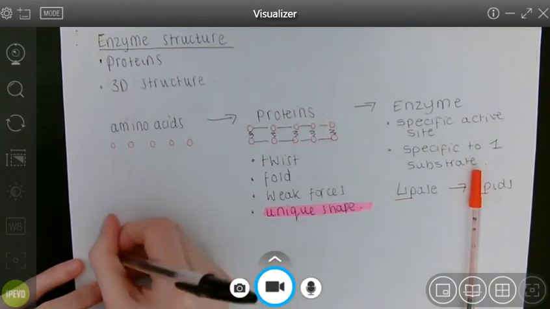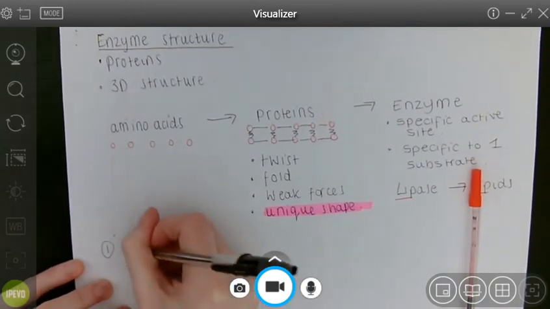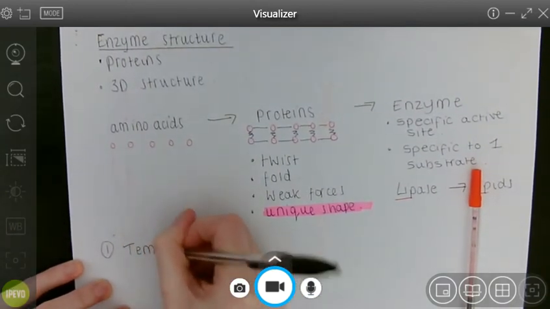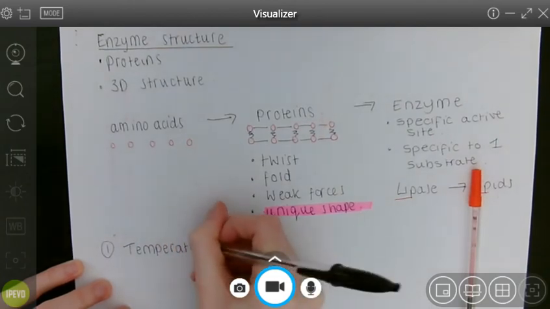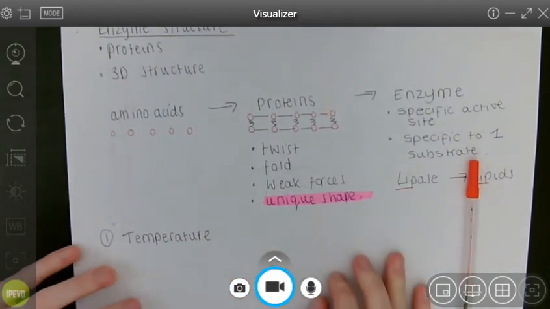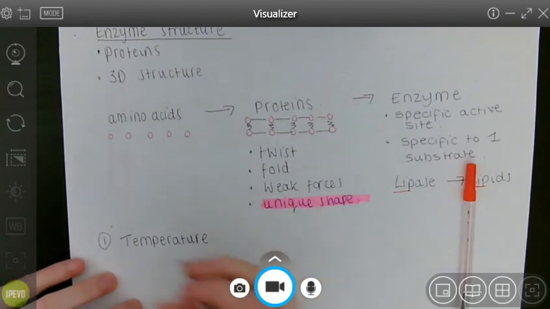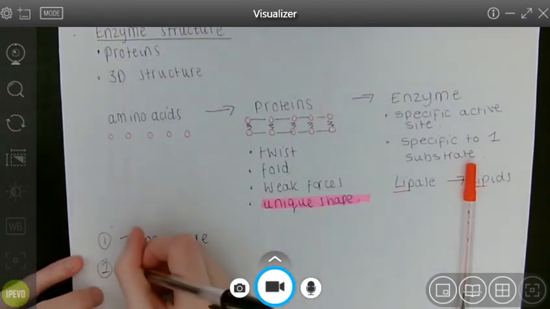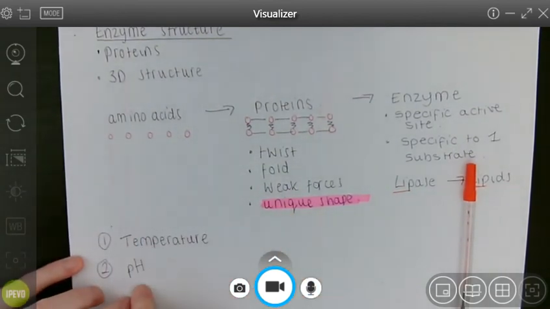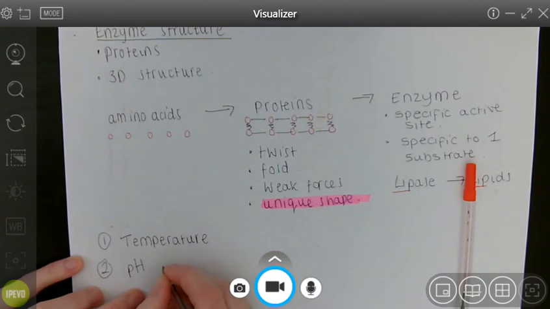It can be affected by temperature, so increasing or decreasing the temperature could potentially have an impact on the shape. And the second one being pH. pH is talking about whether the conditions in the surroundings are acid or alkali. So for example, the pH in the stomach is low, it's acidic, and this affects our enzyme activity.